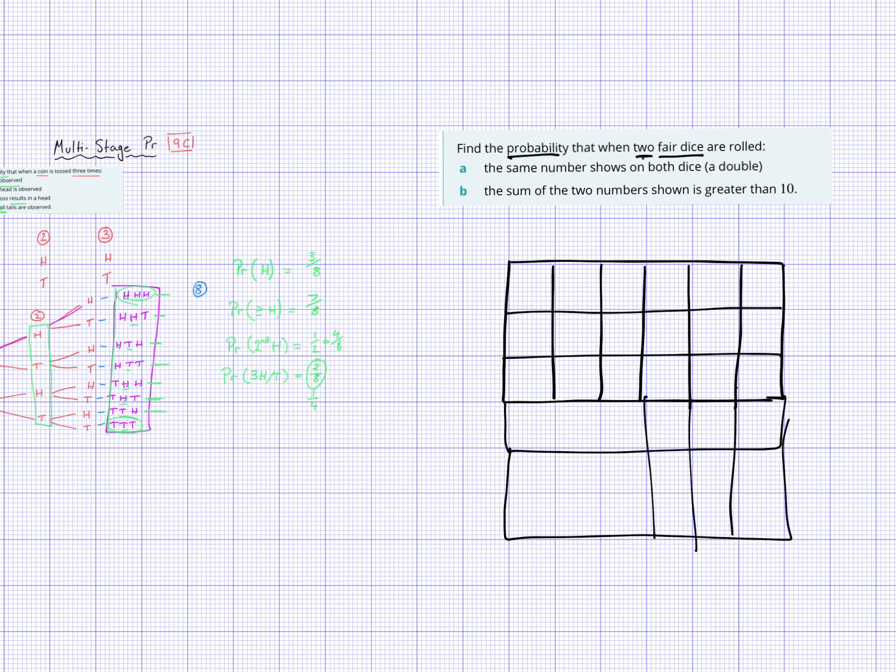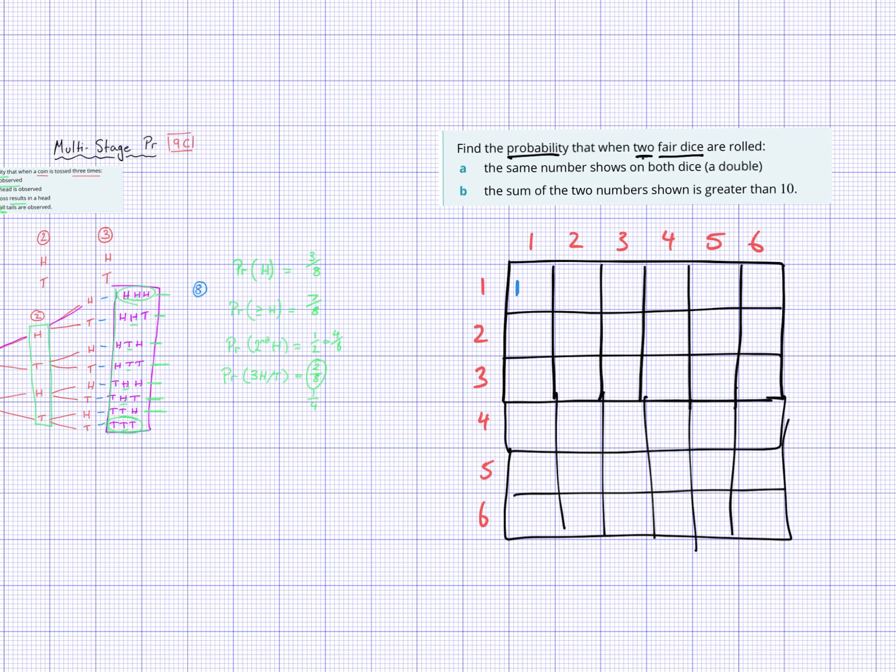All right, so down each side, we just write the numbers that are possible to roll. And it's called a two-way table because we can see that it's going to work down and across, so 2 ways. And then in each box at the crossover, we write the possible result.